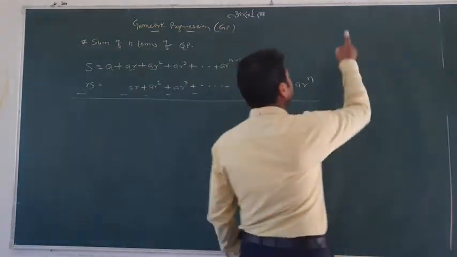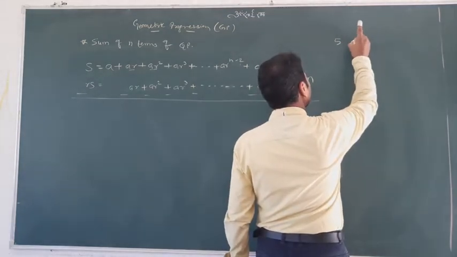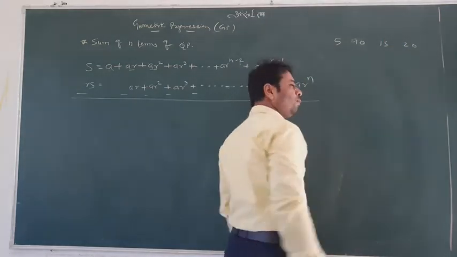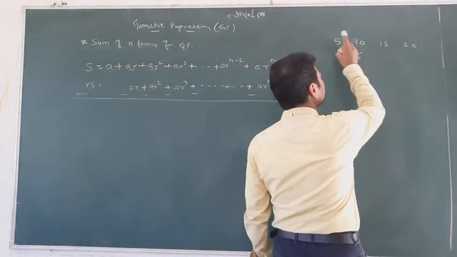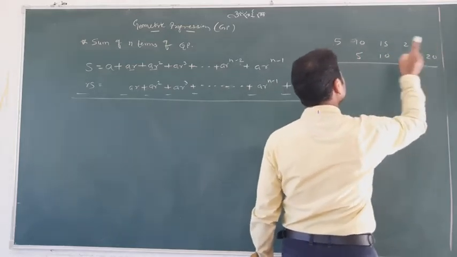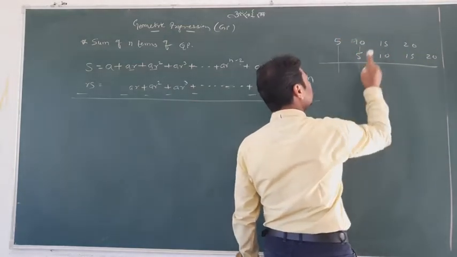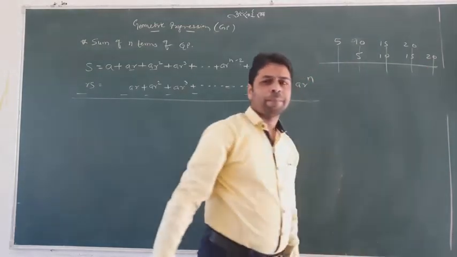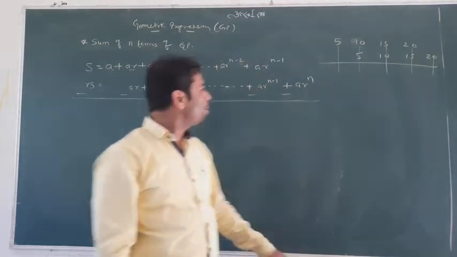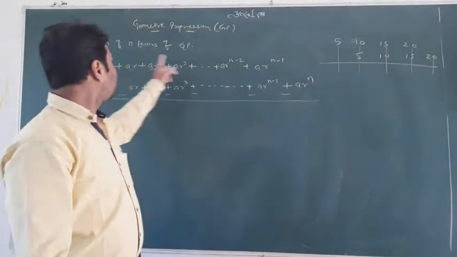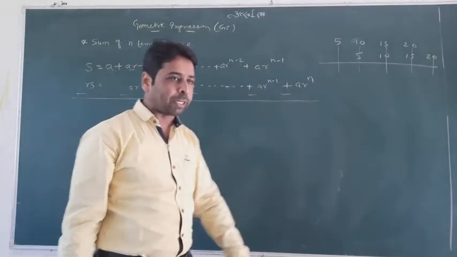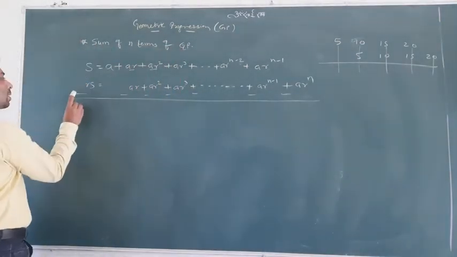If you are confused, look at 5, 10, 15, 20 in an AP: only 4 terms are there. One term I drop, 5, 10, 15, 20, only 4 terms. But when I add or subtract, the resultant will have 1 term, 2 term, 3 term, 4 term, 5 terms. So this was n terms, one I dropped, so in the answer we'll have n plus 1 terms. Keep this in mind.